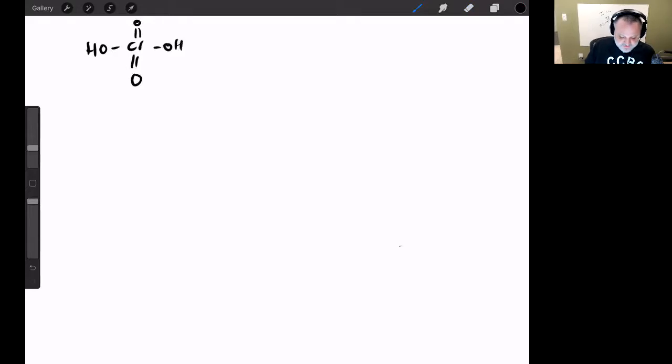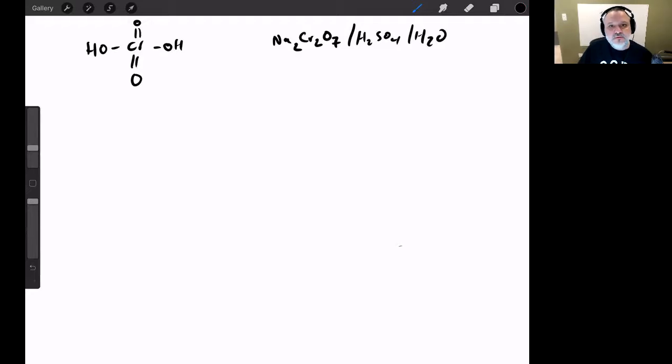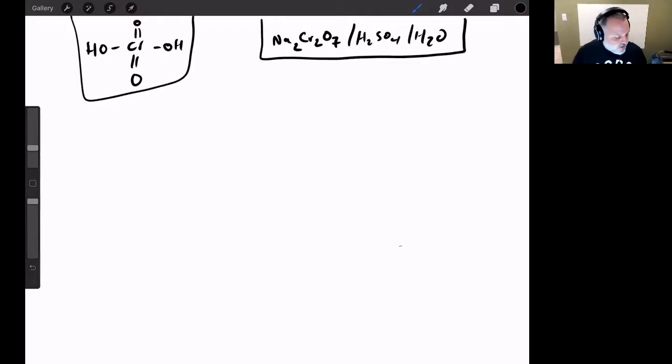There are a couple of different ways to make it, and the way that I'm going to show it in this course is Na2Cr2O7 with H2SO4 and water, and those things together in solution will create chromic acid. These are the reagents that you'll see, but this is the thing that's doing the chemistry. And so let's take a look.